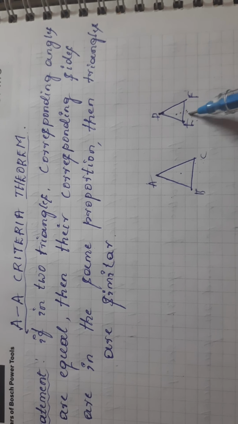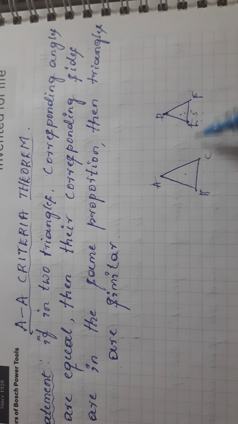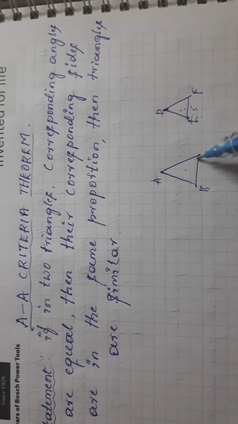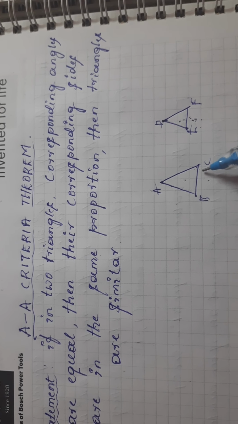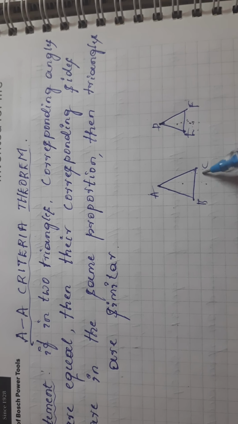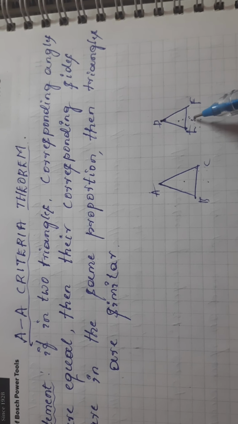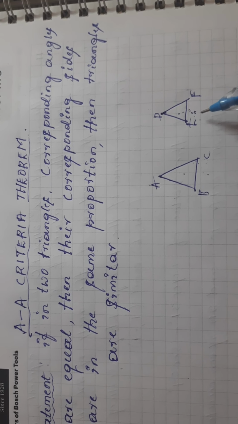You can see this picture. The size is different compared to triangle ABC. This is bigger and this is smaller, but these two triangles are similar triangles.